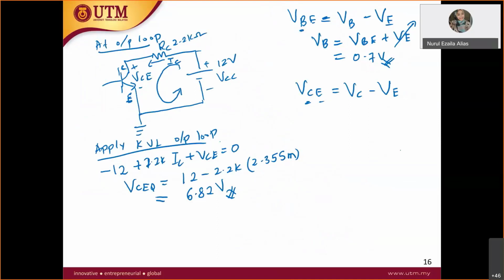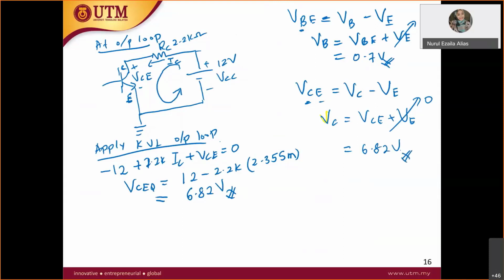Now VCE equals VC minus VE. In order to get VC, it is equal to VCE plus VE. VE is 0, so it equals VCE, 6.82 volt.